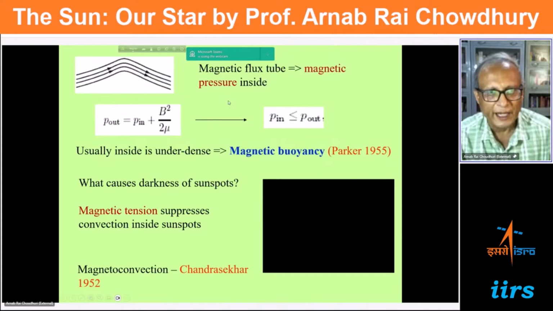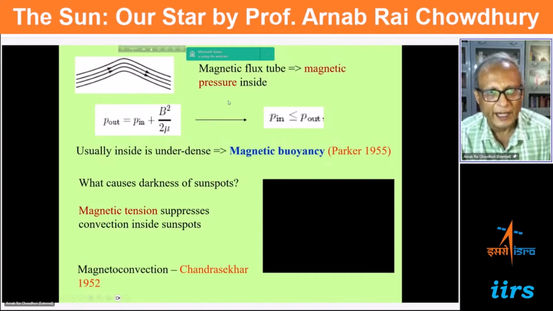Since you expect a pressure balance between inside and outside, the gas pressure outside should be equal to the gas pressure inside plus the magnetic pressure. That implies that the gas pressure inside should be less than the gas pressure outside, and that implies that the density inside may also be less than the density outside.